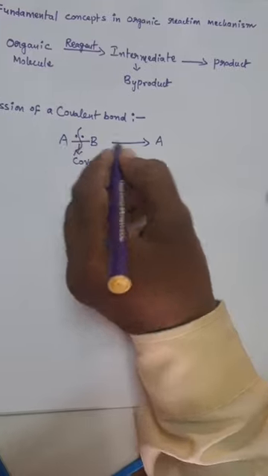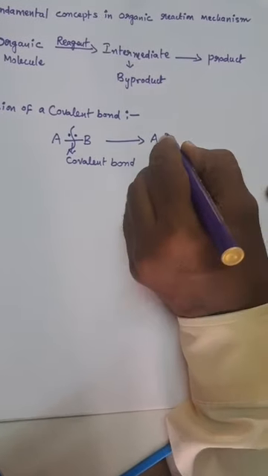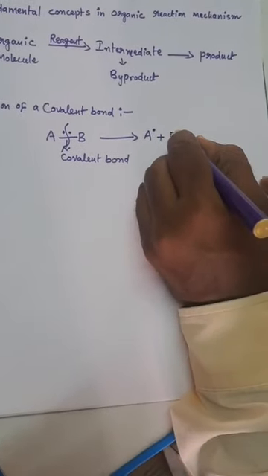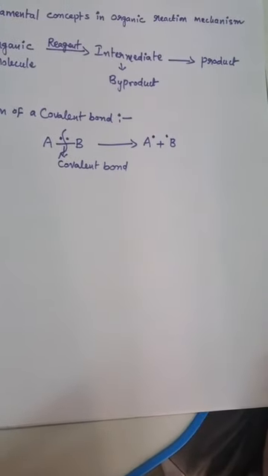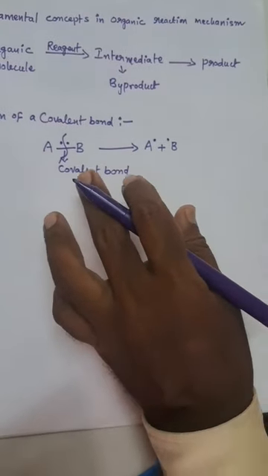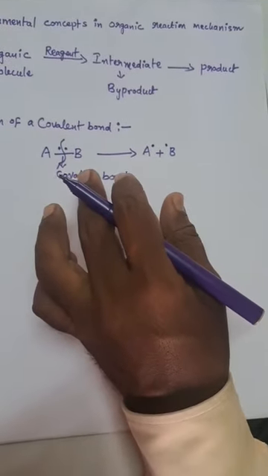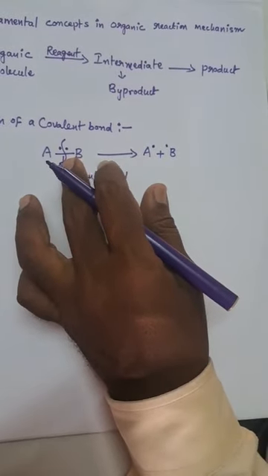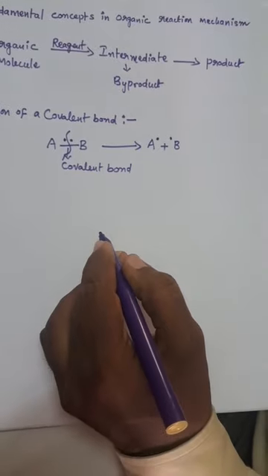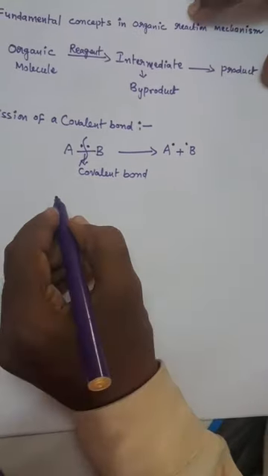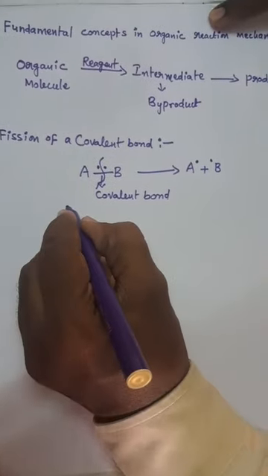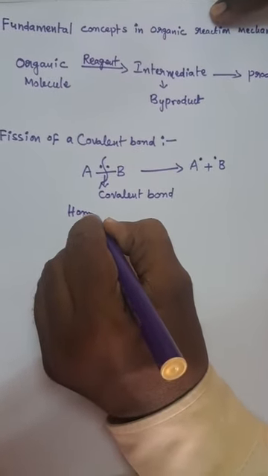If electrons are shared equally by the two atoms, then we get A with one electron plus B with one electron. Since the electrons are shared equally by the two atoms, this type of cleavage is called a homolytic cleavage.